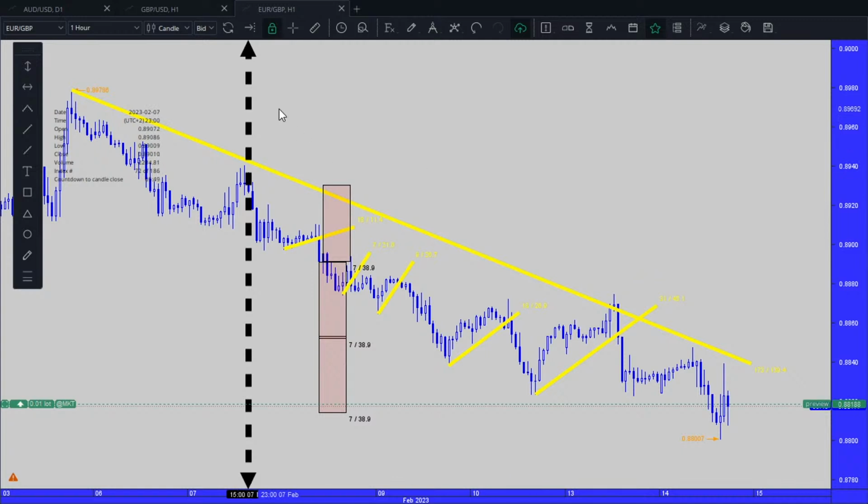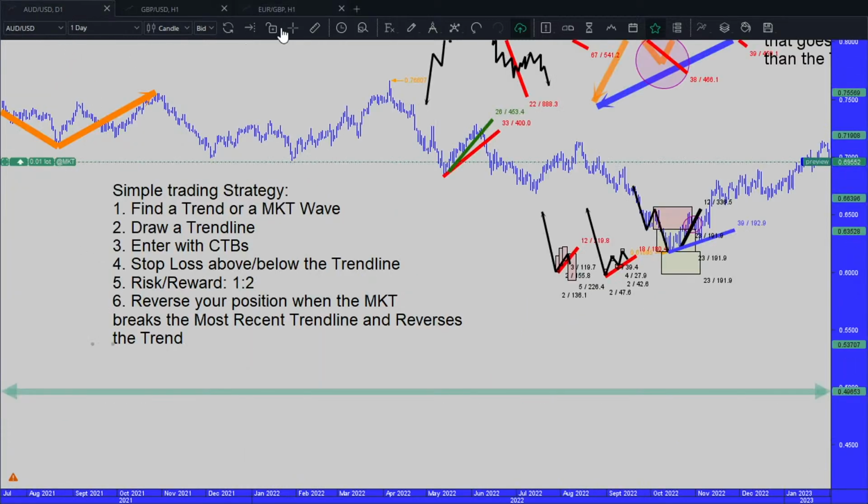Okay, here is the question. Can you do this, everybody? Can you enter with the counter trend line breaks? Homework: test this strategy on the demo account and come back to class with questions.